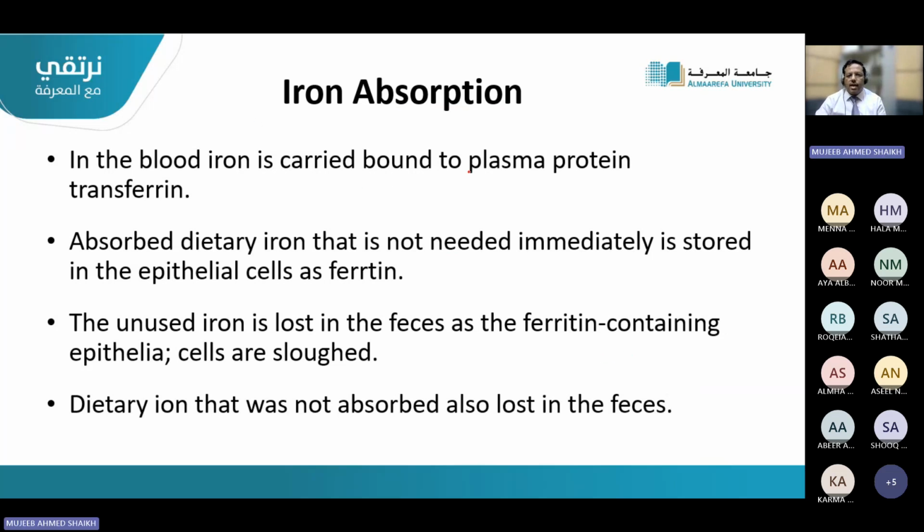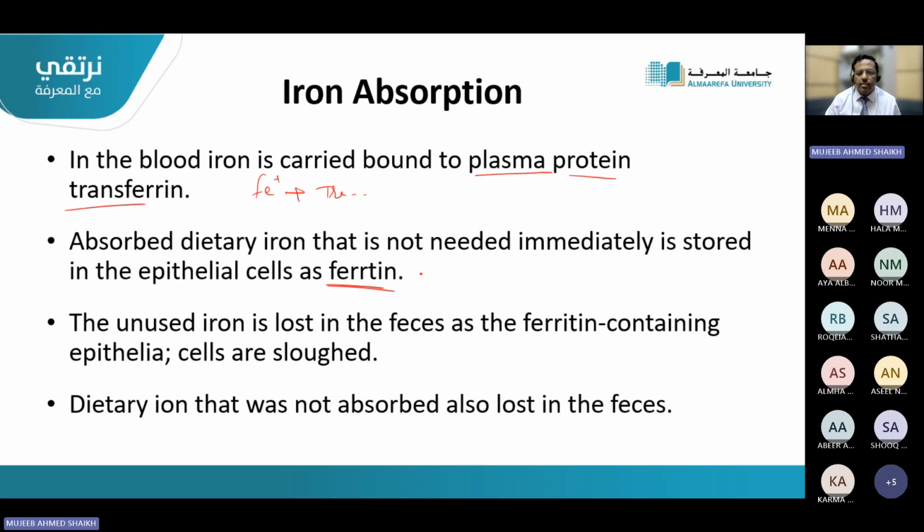So hepcidin is controlling the iron absorption. In the blood, iron is carried bound to the plasma protein transferrin, and it will be circulated. If the dietary iron is not needed at that moment, then it will be stored as ferritin.